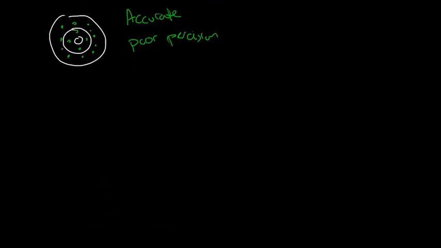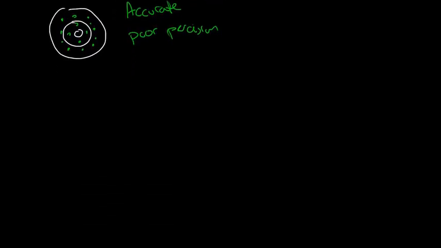Let's consider a third situation. In our third situation, we're looking at exactly the same target with a bullseye. In this case, as we shoot the target, we see that all of the arrows hit in roughly the same spot.